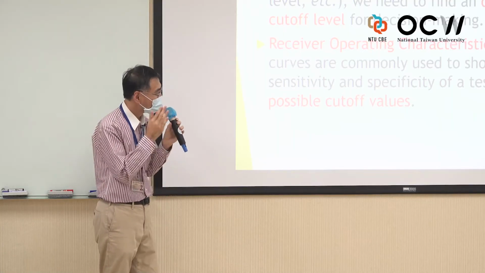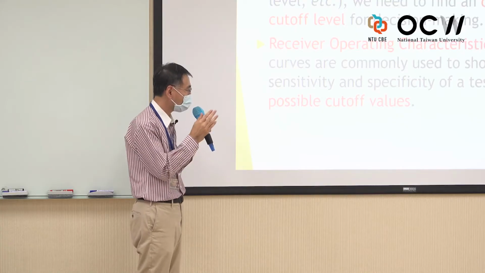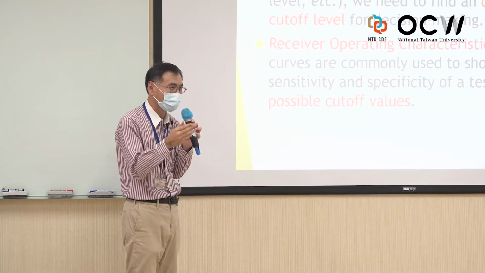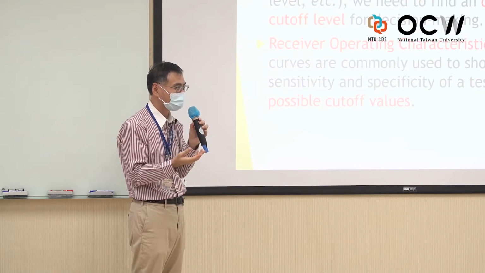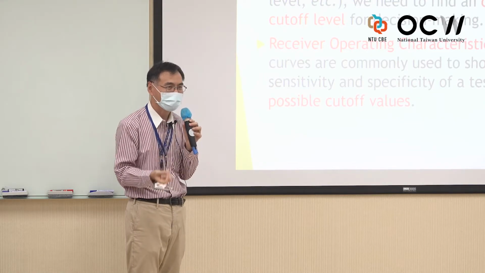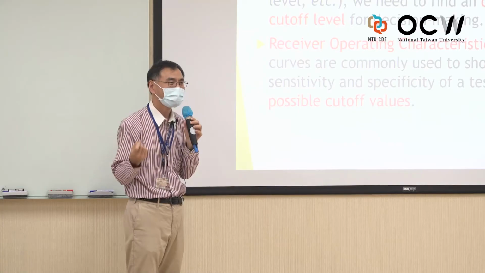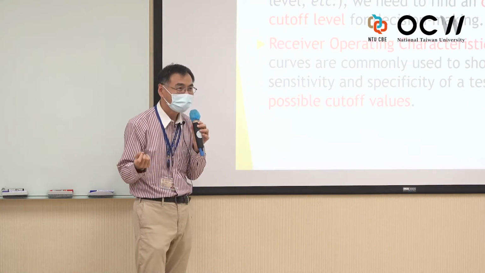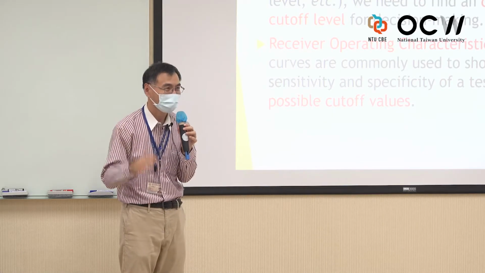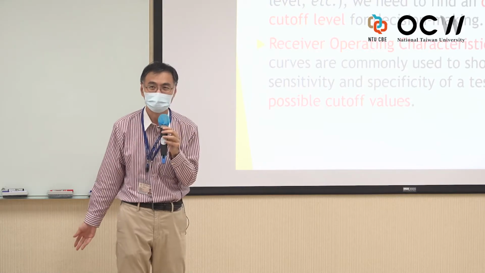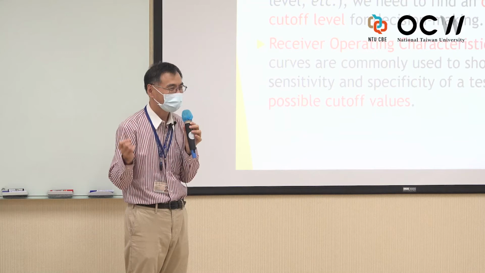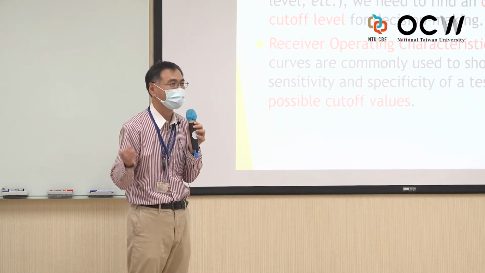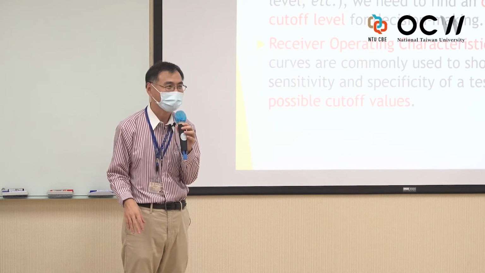And then we use cutoff values from the minimum to the maximum. Every time you cut it, you could generate a set of sensitivity and specificity, right? Even if someone has diabetes, it's possible that his or her glucose level is very low. That's so-called hypoglycemia, right? Even if someone has hypertension, his or her blood pressure could be very low because of shock or something, right?